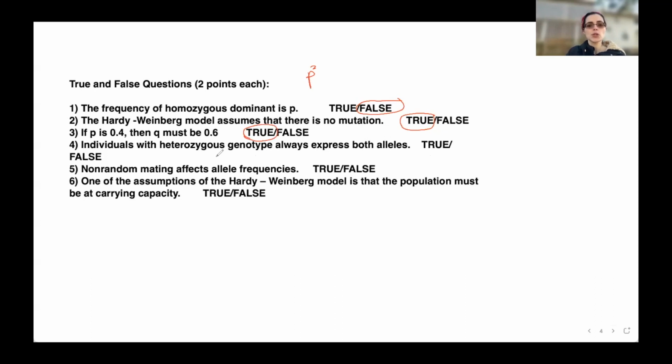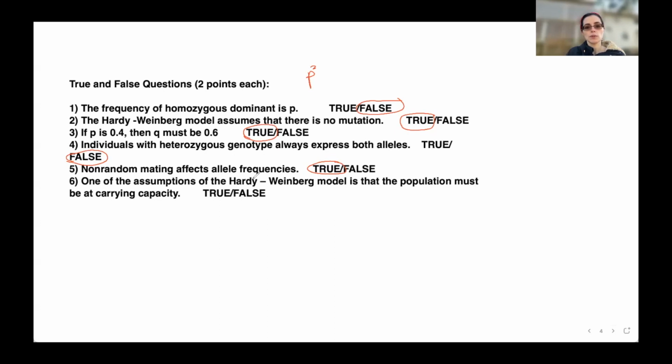Individuals with heterozygous genotype always express both alleles. No, it's false, because if you have dominant and recessive and you are heterozygous, you will not express the recessive allele. Non-random mating affects allele frequencies. That's true because certain alleles are being preferred over other alleles.